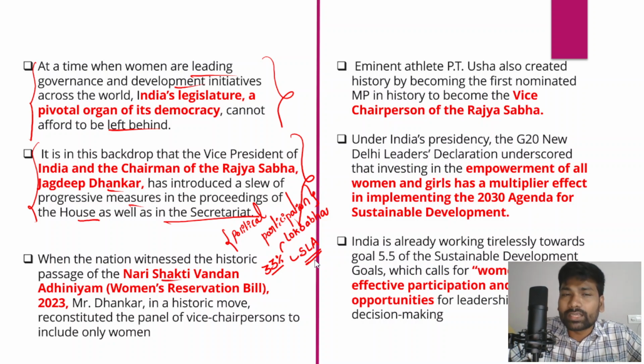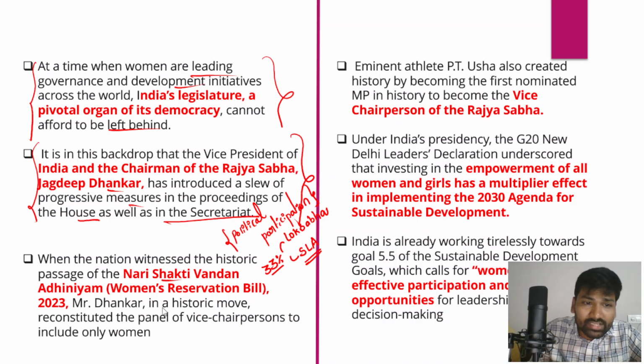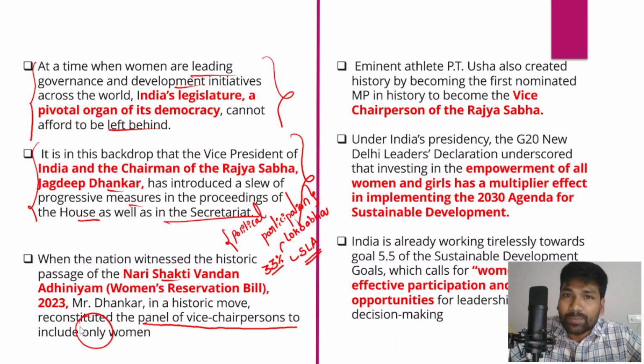And Mr. Jagdeep Dhankhar, in a historic move, has decided to reconstitute a panel of vice chairpersons to include only women. This essentially means that along with the chairman of Rajya Sabha, there will be a panel of vice chairmen as well. In the absence of the chairman of the Rajya Sabha, any of the members from the panel of these vice chairpersons will conduct the sessions of the Rajya Sabha.